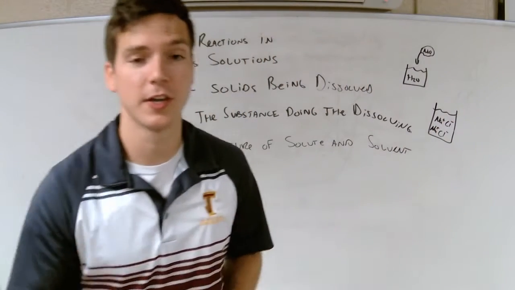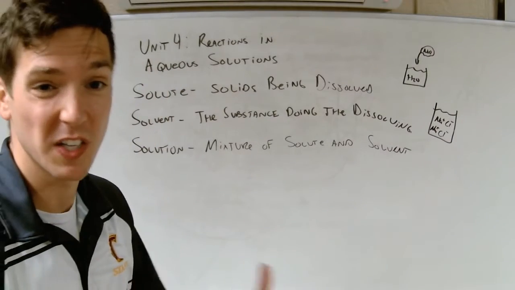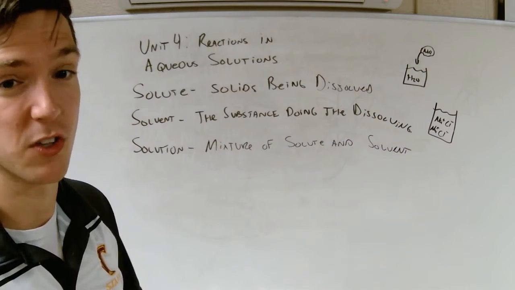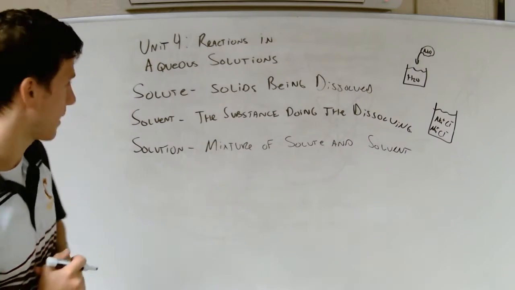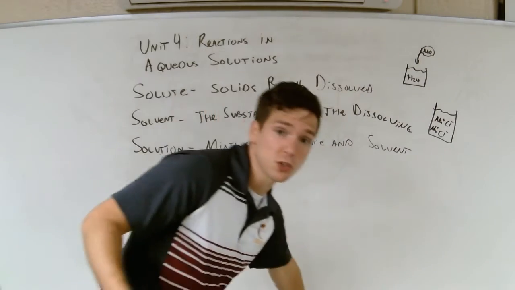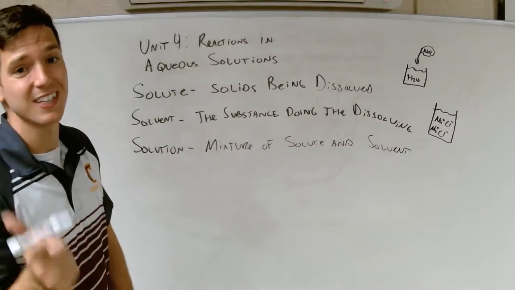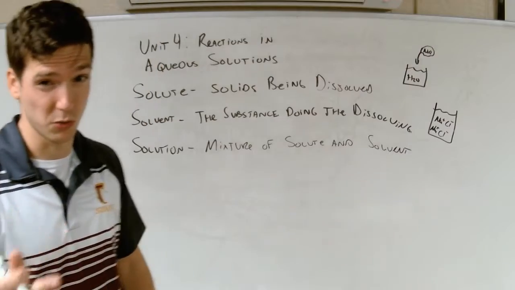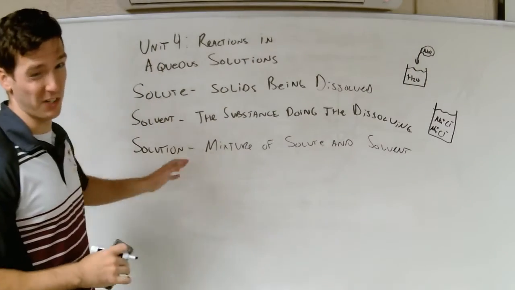They break apart into ions and they're able to chill in there because they're dissolved, staying balanced and not reacting because the water's in the way keeping them dissolved. So we have solute, the solid being dissolved; solvent, the liquid doing the dissolving; and solution, the mixture of the two. Solution is the one you're going to be hearing the most.